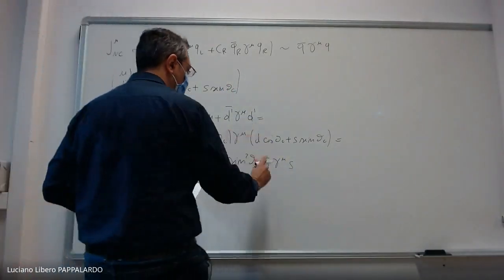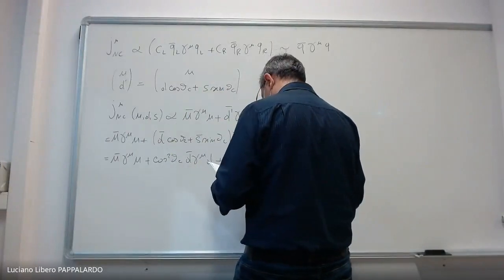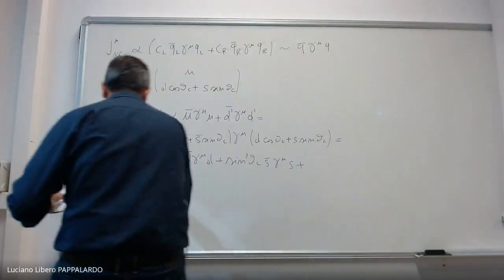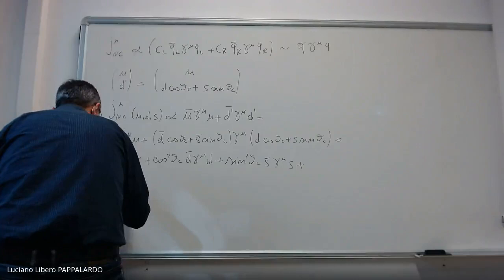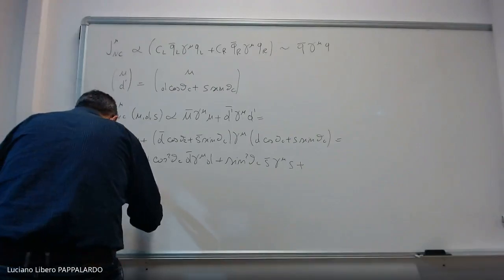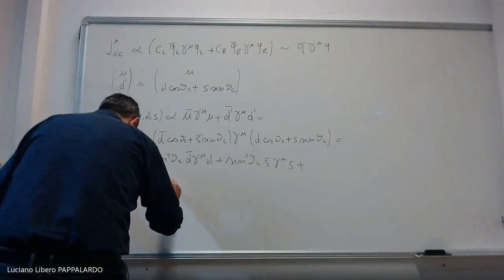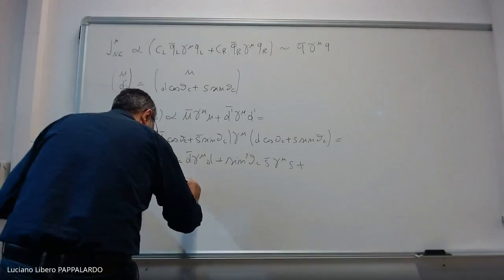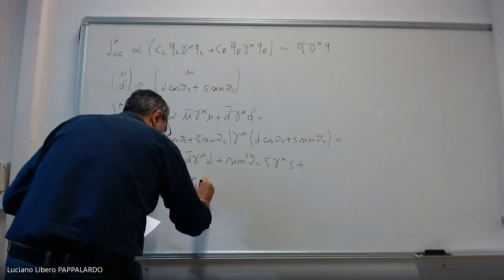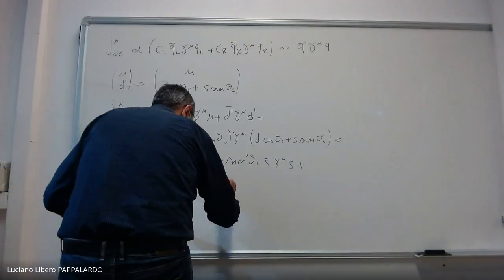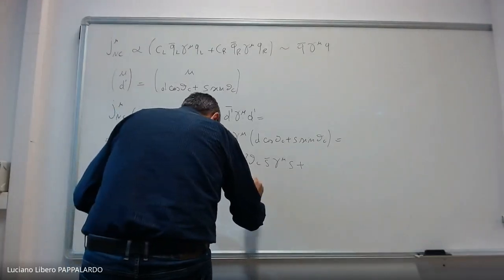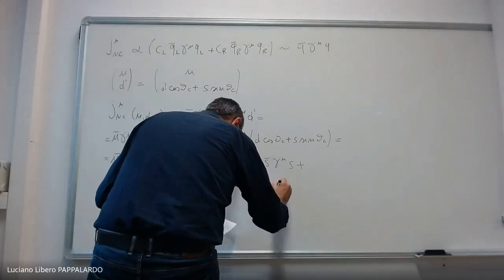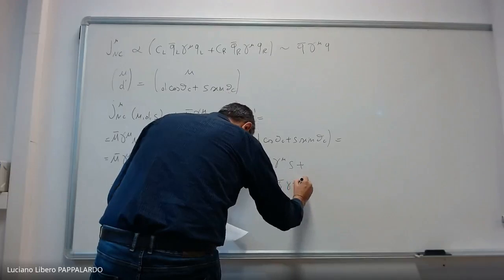And then we have the mixed terms. So we have plus cosine theta_C sine theta_C d bar gamma^μ s, plus sine theta_C cosine theta_C s bar gamma^μ d.